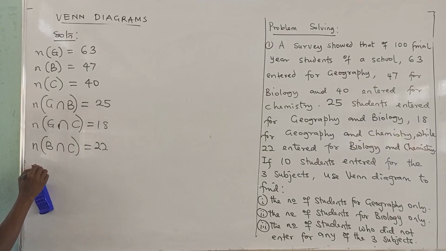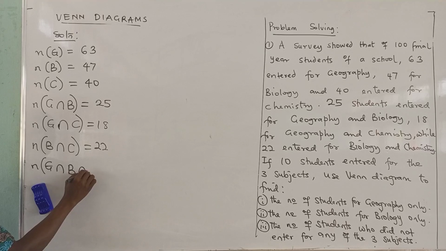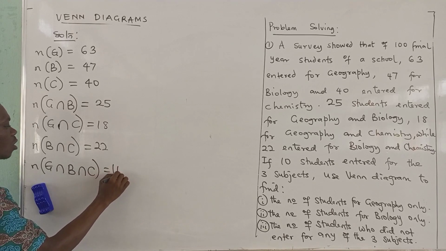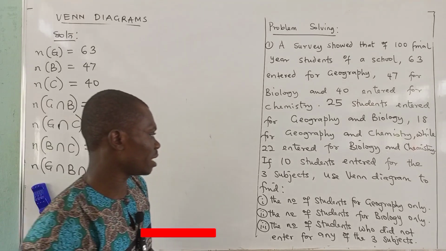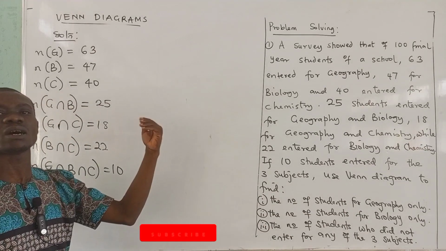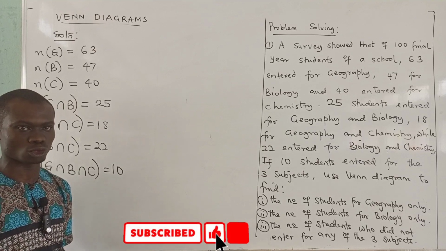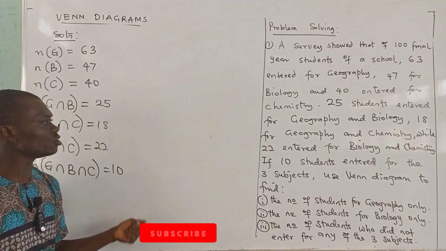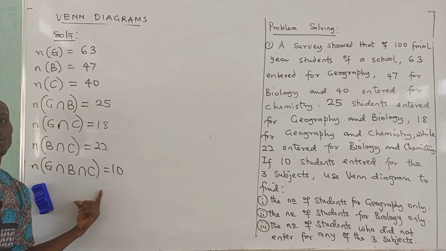So the n of G intersection B intersection C is equal to 10. And then they say use a Venn diagram to find all of this. Now, even without telling you to use a Venn diagram, we should know that a Venn diagram will be very useful for us in solving this problem.